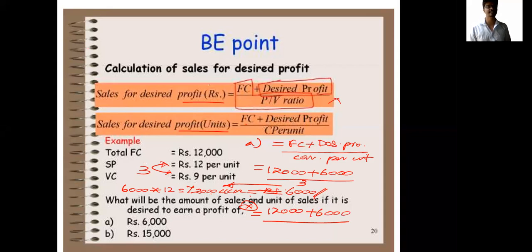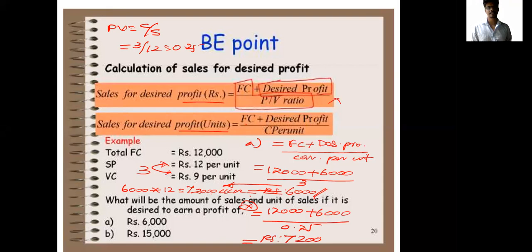Here PV ratio is the contribution over selling price, contribution 3, selling price 12, 0.25. Then the answer should be 18,000 divided by 0.25, which is 36,000.